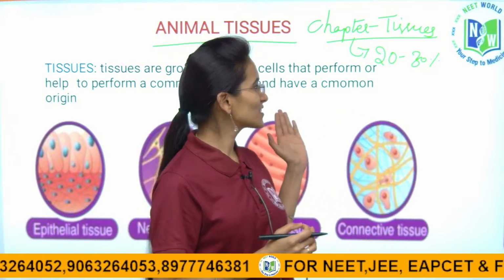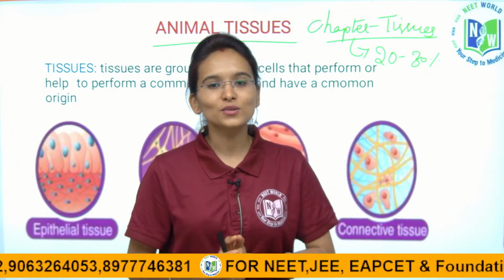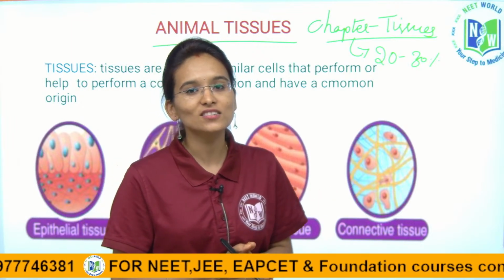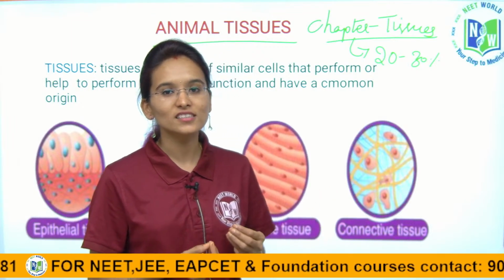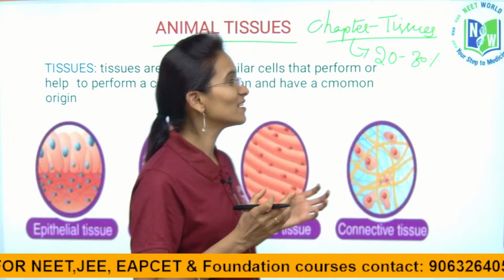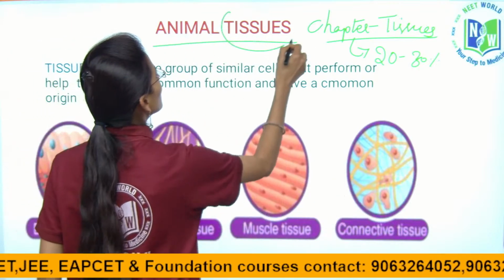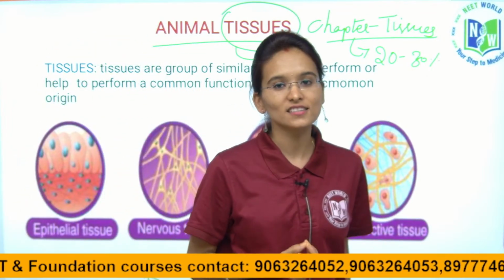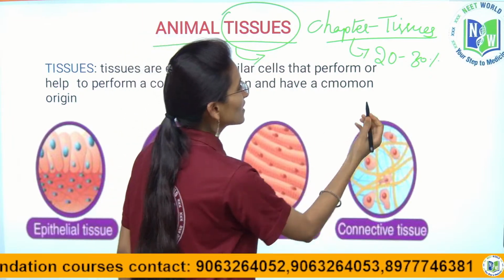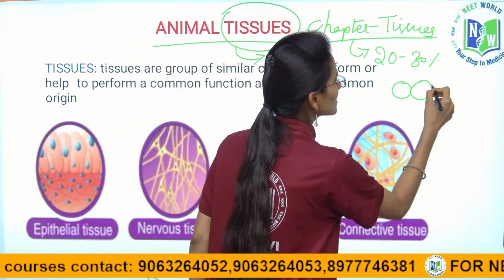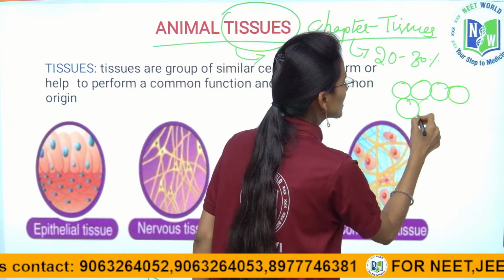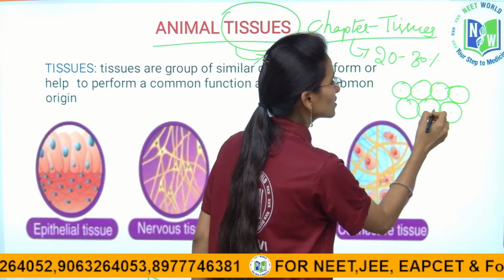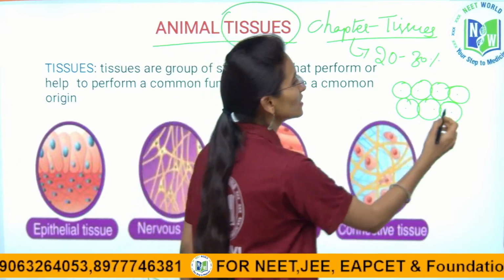Coming to tissues. Students, a group of cells which are similar in structure and similar in function are grouped together, and then they form a tissue. So, tissues are simply aggregates of cells. Imagine a number of cells aggregated together, all the same in structure and similar in function.